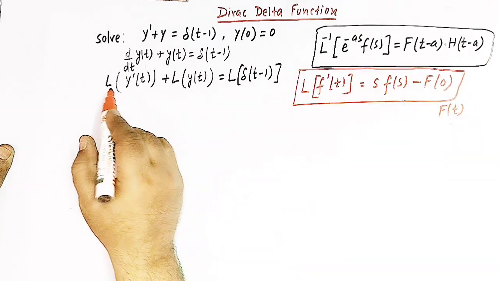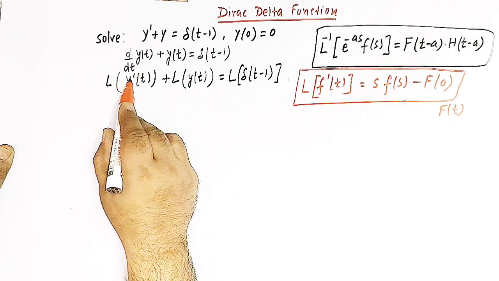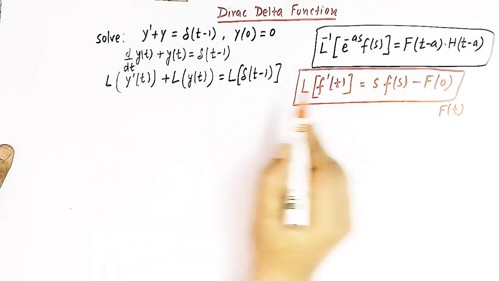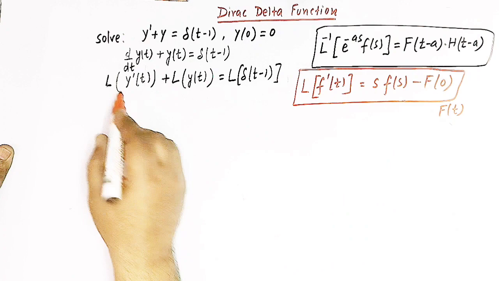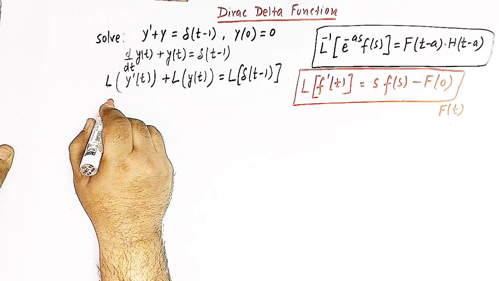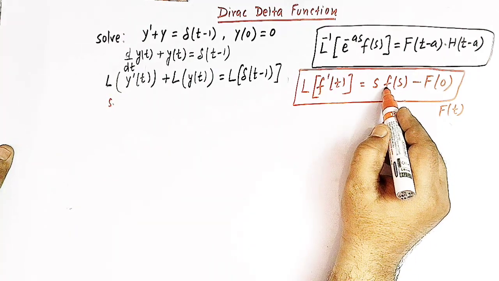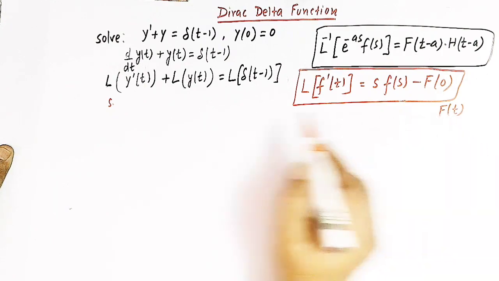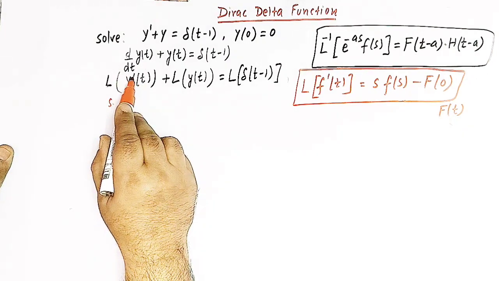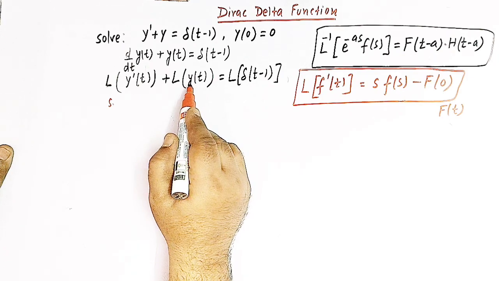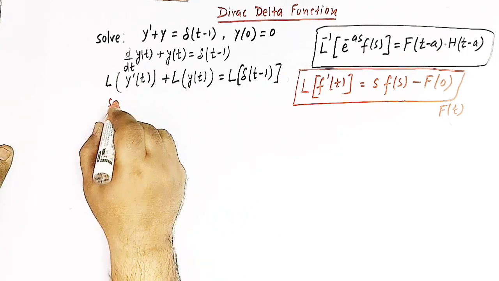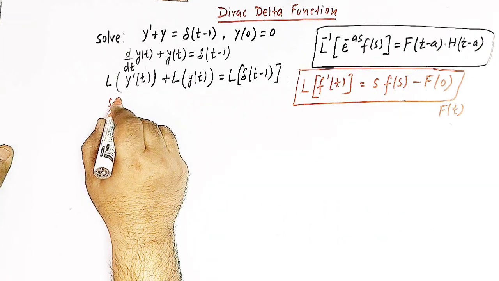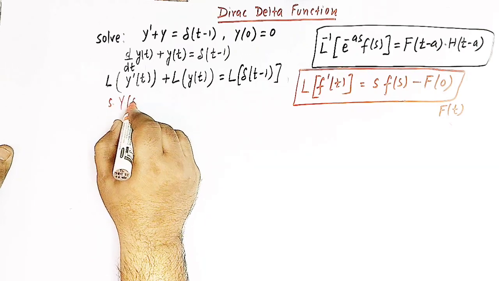Here we have the Laplace transform of y prime of t, so using this result, we can write s times the Laplace transform of the function y of t.